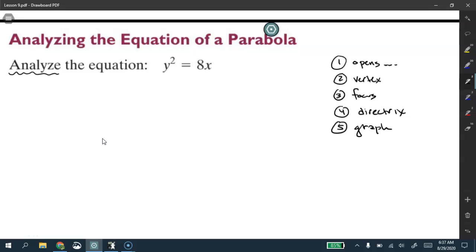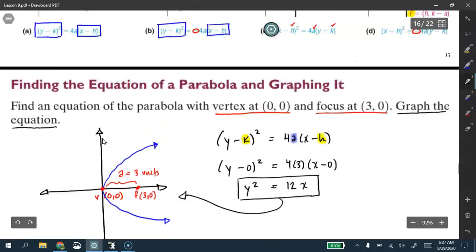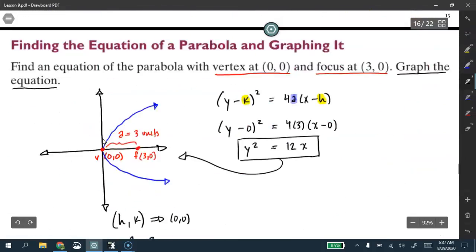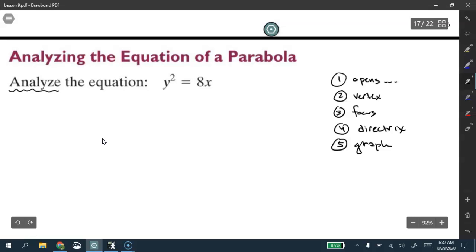You want to consult your equations from previous and see which one of the equations this one resembles. And notice that the y term is squared, right? Here's how I tell. Notice how the y term is squared and the x term is not. So what we can tell is that this is certainly going to be a parabola that opens sideways, because the y term is squared but the x term is not.